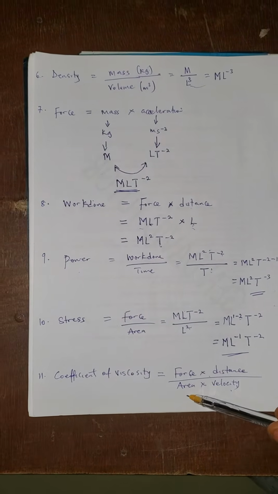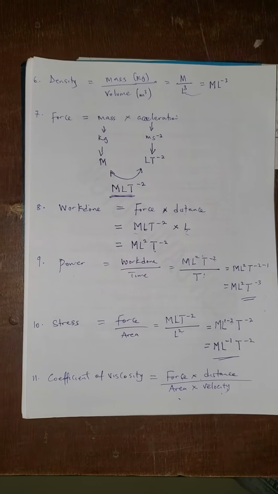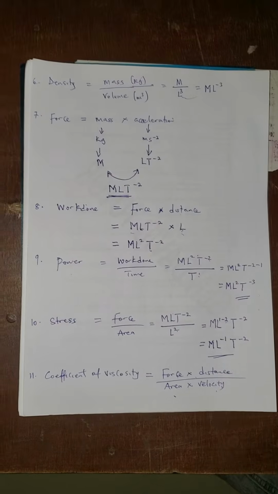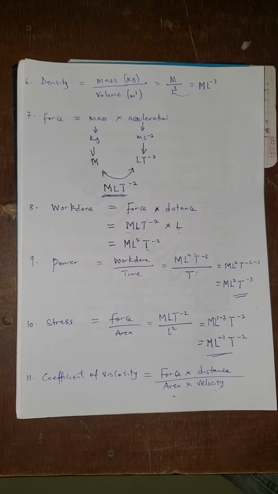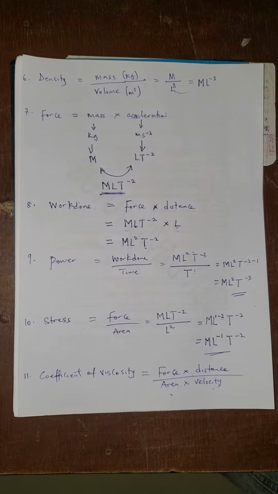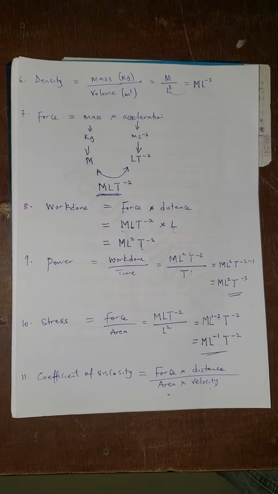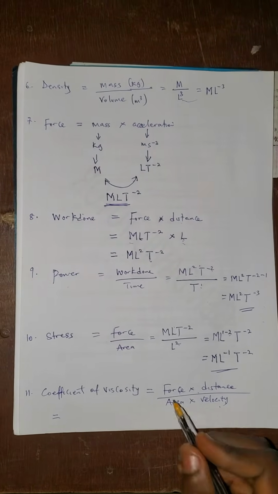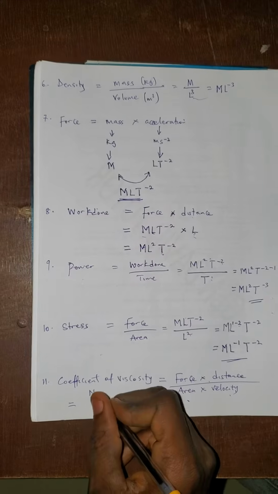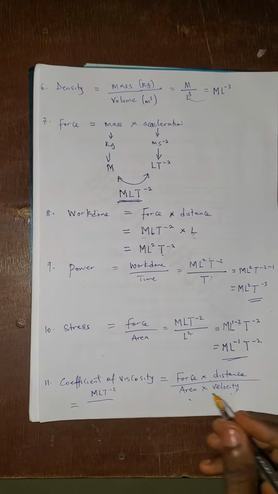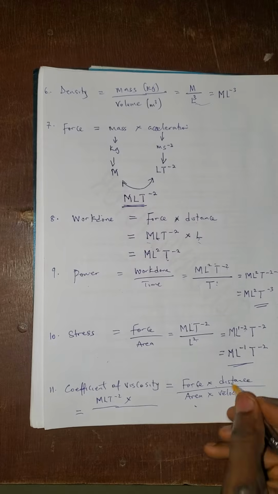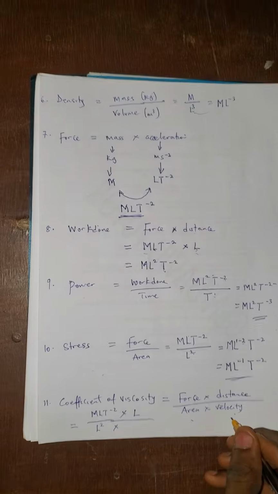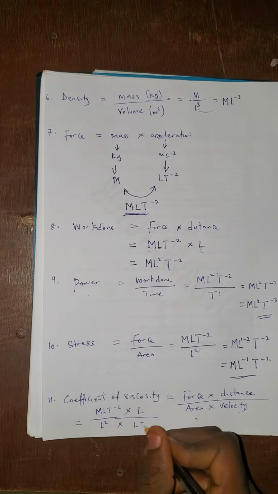Or we use force over area divided by velocity gradient. It's still the same thing. Velocity gradient is velocity over length. If you've gone through the aspects of the scalar quantity and the vector quantity, you should know what I'm talking about. Now force here has the dimension MLT raised to minus 2, multiplied by distance, dimension L, all over area, L squared, then multiplied by velocity, L T raised to minus 1.